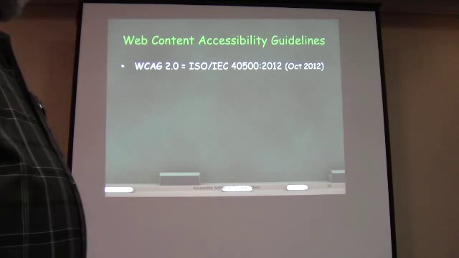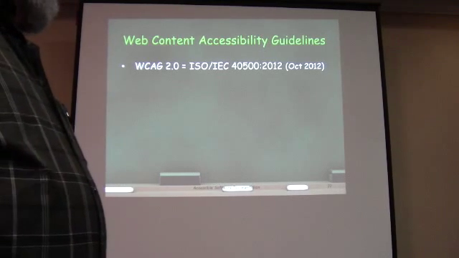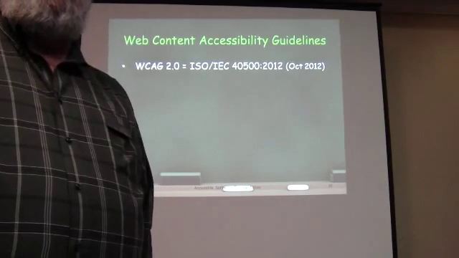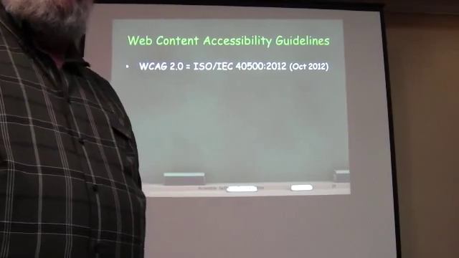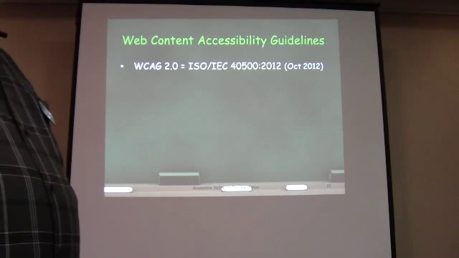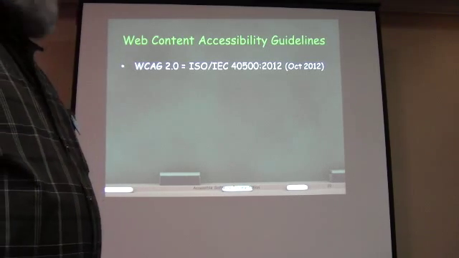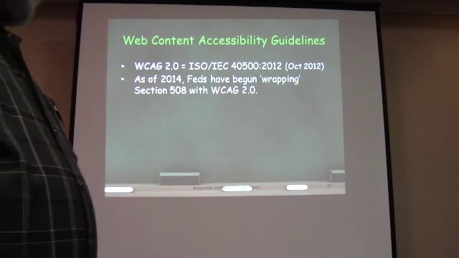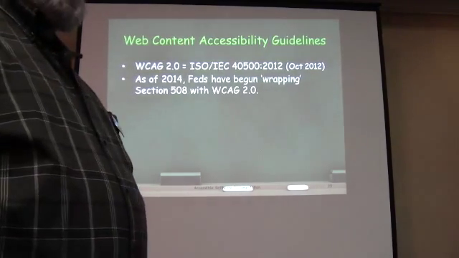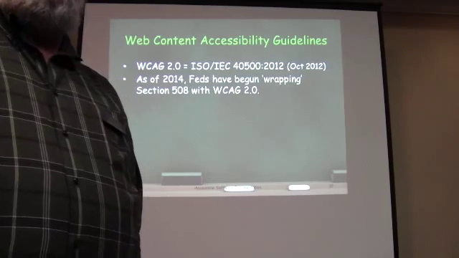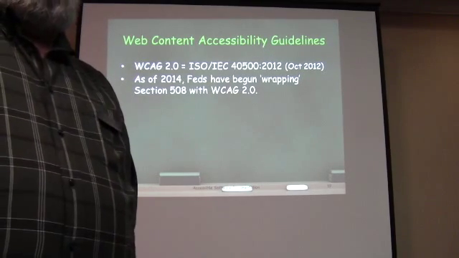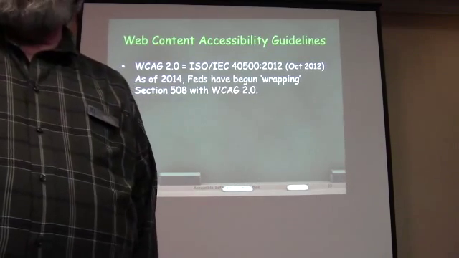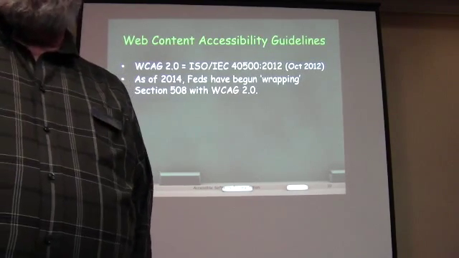Okay, so WCAG 2.0 is also, as of October 22nd, been adopted as an ISO standard. And this is the new baby that's coming out. As of this year, the federal government has started wrapping Section 508 and WCAG 2 together. They're actually doing a relook at it. Like I say, one of my complaints about Section 508 is it's like a lot of other government regulations.